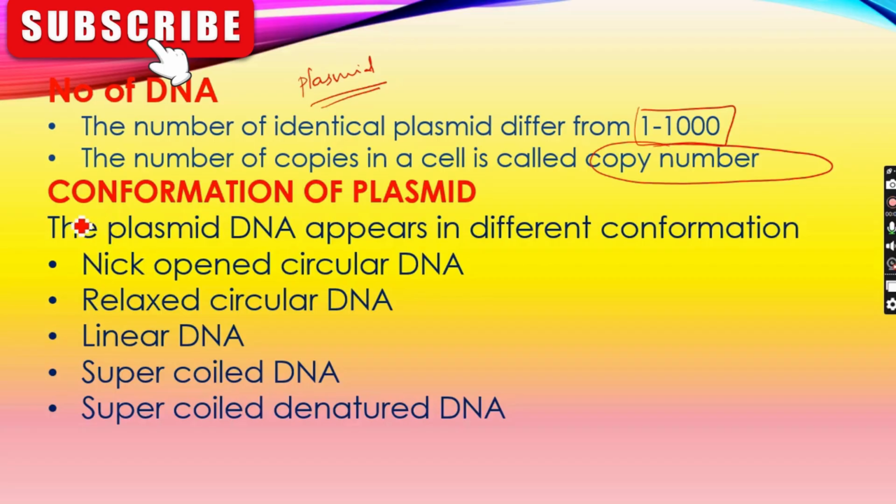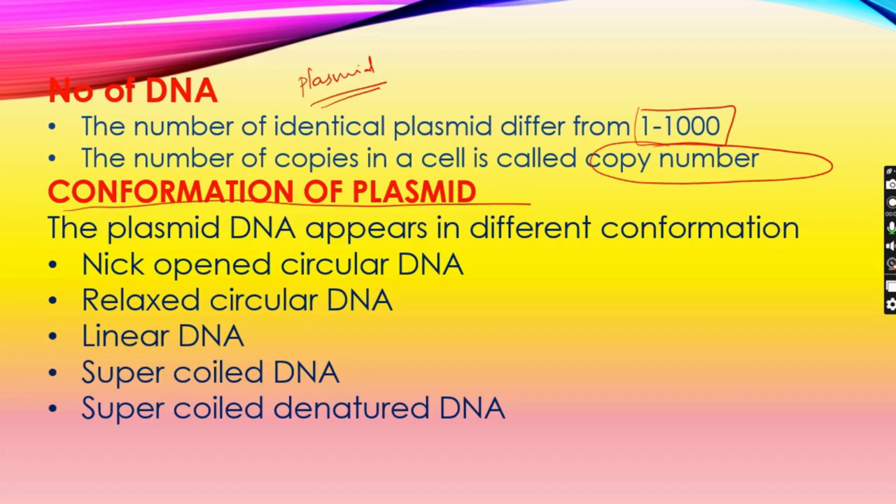So, next, the conformation of the plasmid. A plasmid conformation changes based on the situation. So, the plasmid DNA can appear as an equipotent circular DNA. In some cases, during replication, it can be found as nick open circular DNA. At the end of the replication, during catenation formation, nick opening is very important.